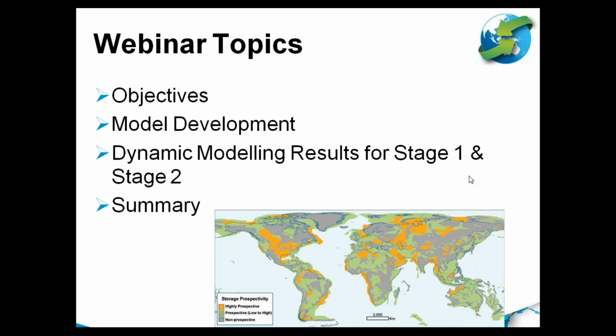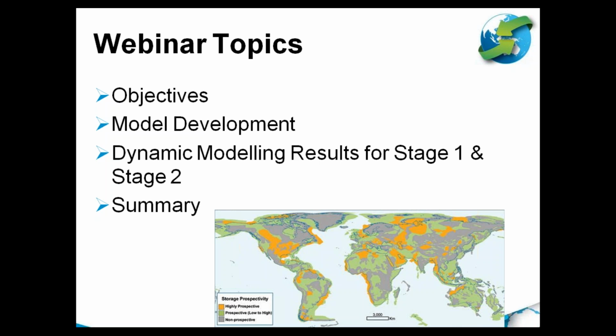So today I'm just going to run through the objectives and then talk a little bit about the model development and how these models are constructed, and then talk about the results from the modeling. These were two separate projects, but effectively they are linked and trying to address the same question, and then bring the whole topic to a conclusion.